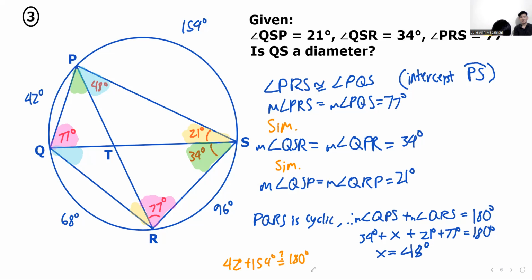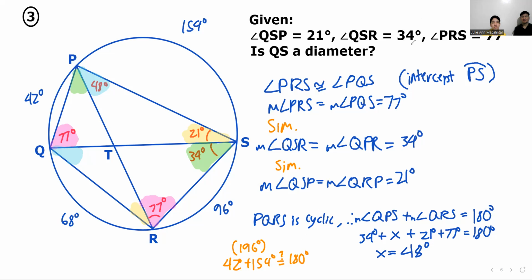The answer is no, because 42 plus 154 is 196. So immediately it's not a diameter, because arc QPS is more than 180 degrees and the minor arc is less than 180 degrees.